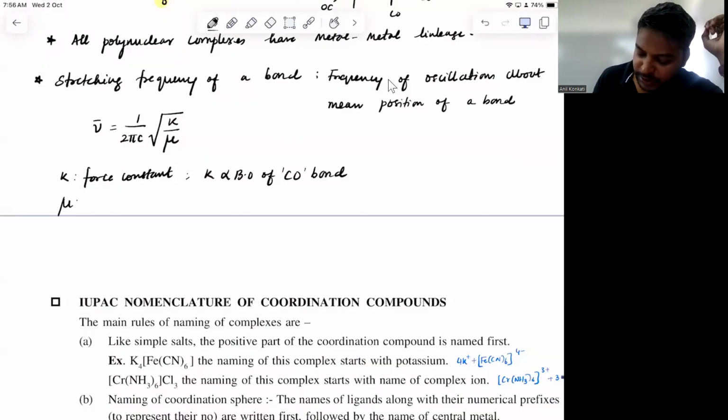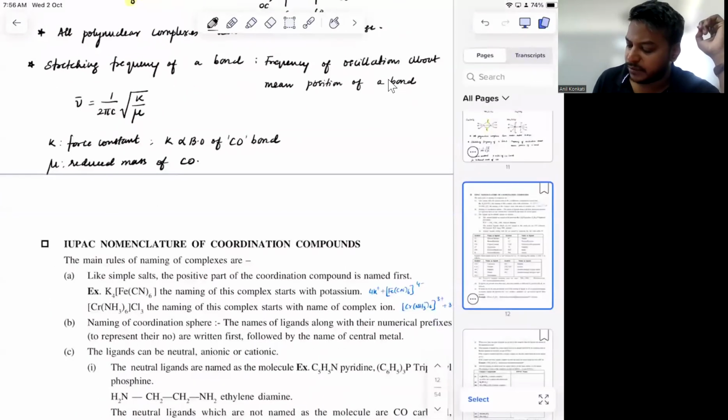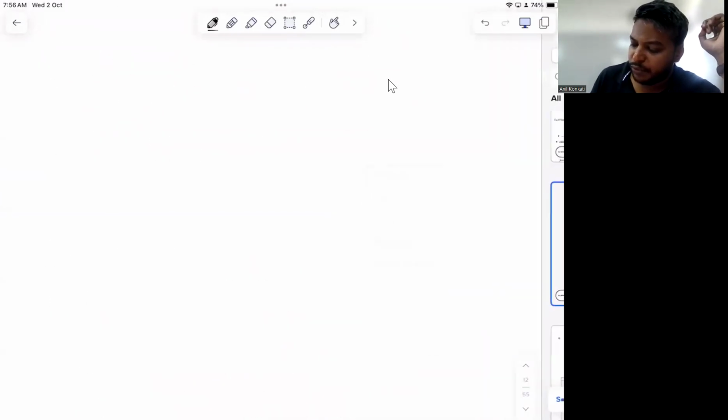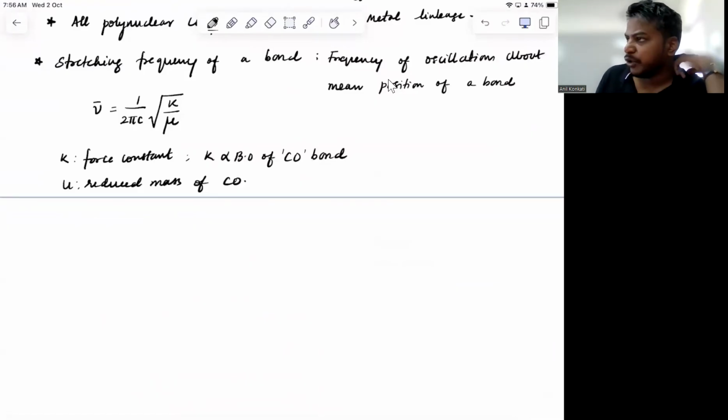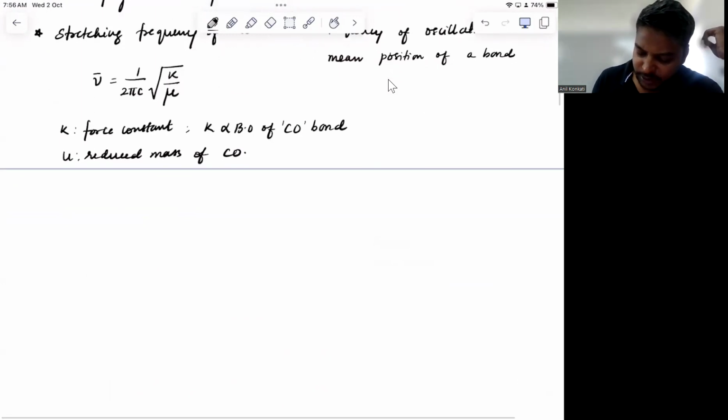So mu represents reduced mass of CO. Most of the complexes, when we learn it, we are not changing anything about reduced mass. So it is that K factor which is changing. So because that K factor changes, we will say the stretching frequency is different.